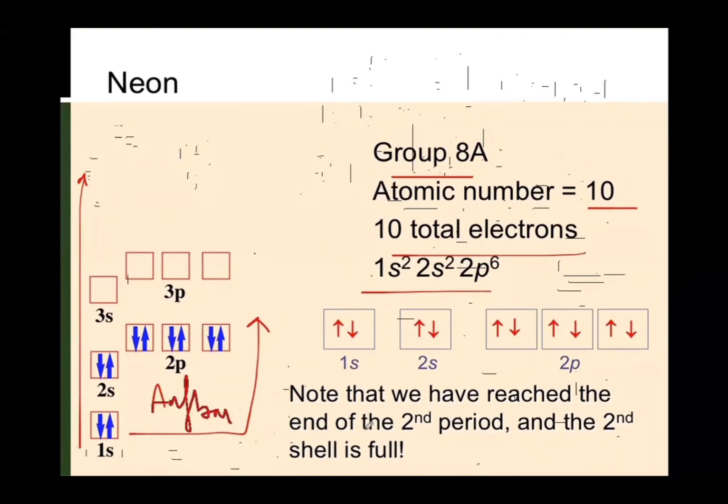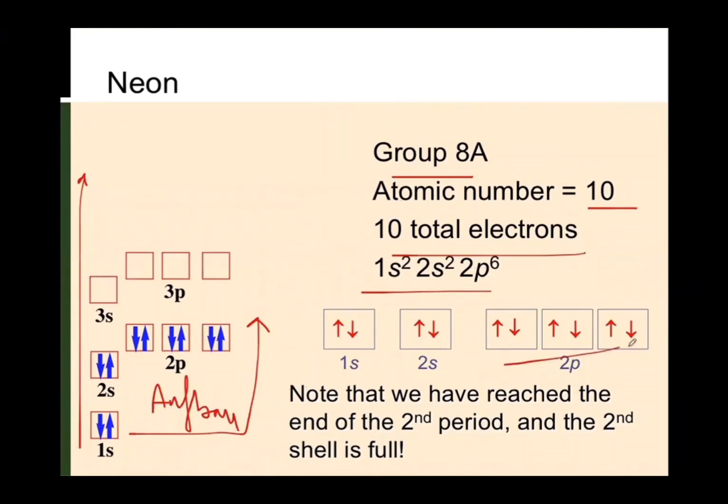And then following Hund's rule again, we have filled orbitals now. We have 6 electrons in 3 2p orbitals, which means that we're going to have everything paired up, and we end up with filled orbitals.